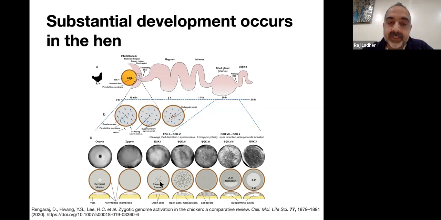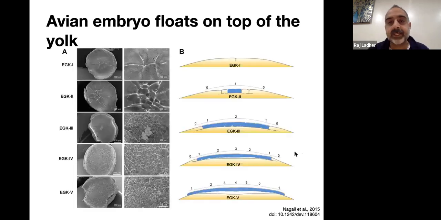It cleaves partially, forms layers, and then organizes into a proper layered embryo like this. We'll see this in the next slide, I think, here. And so this is development of the avian embryo.